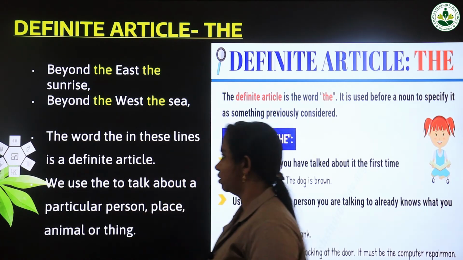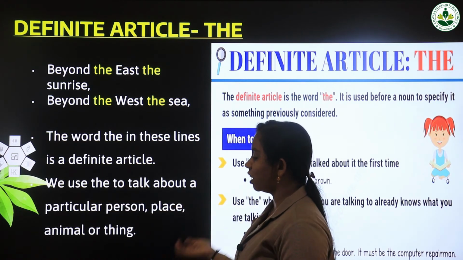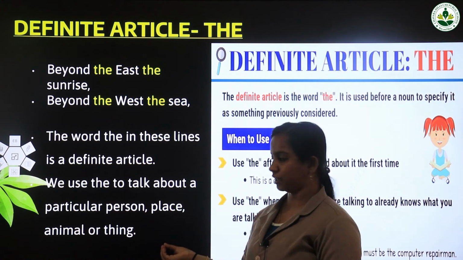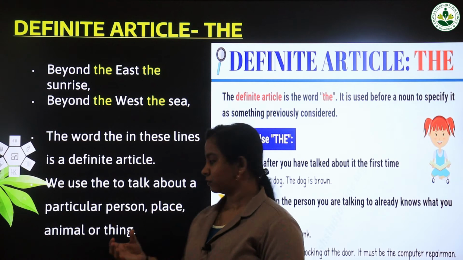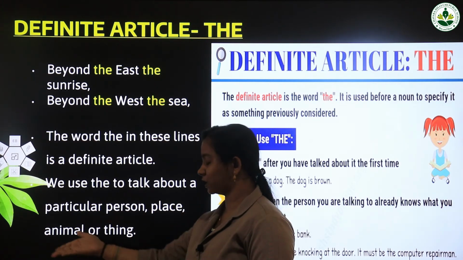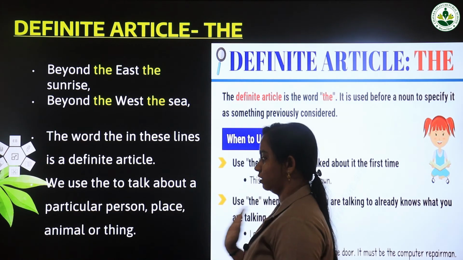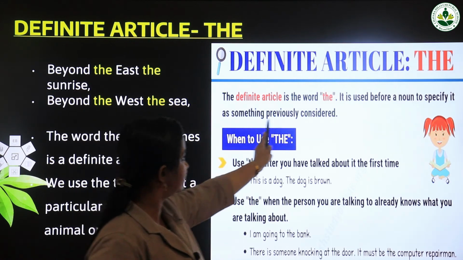We use article the to talk about a particular person, place, animal or thing. That means if we want to speak about a particular person, place, animal or thing, we will use article the before these particular nouns.